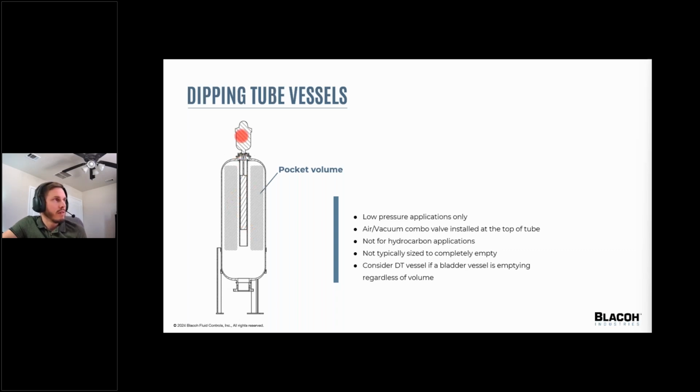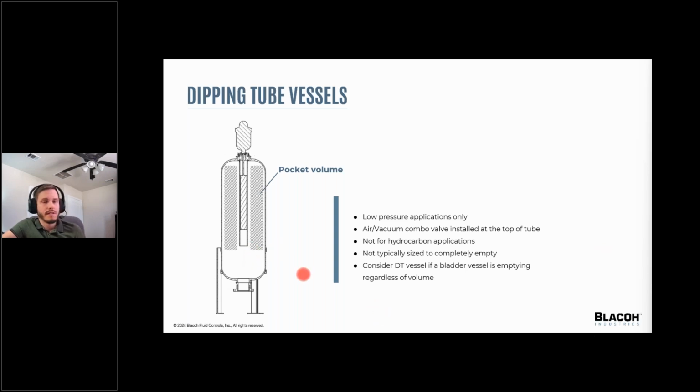Then when the liquid gets to the top, it closes the air vacuum valve. So then you have a closed system, right? You have effectively a 0 psi pre-charge vessel. When the pressure goes back down, the tube empties, the valve opens, and the vessel is recharged with air.